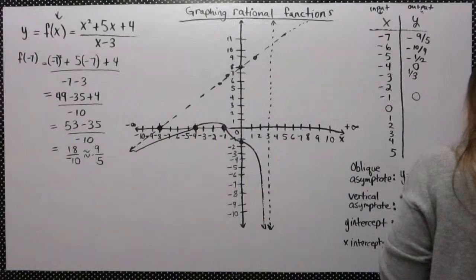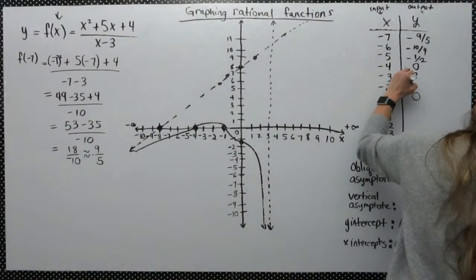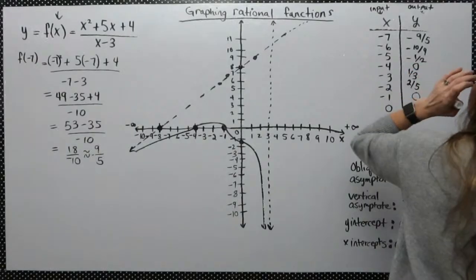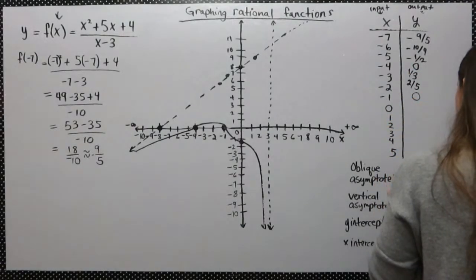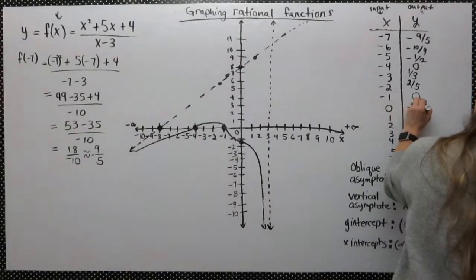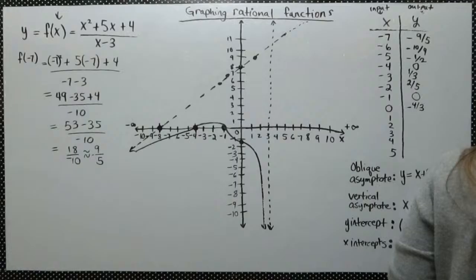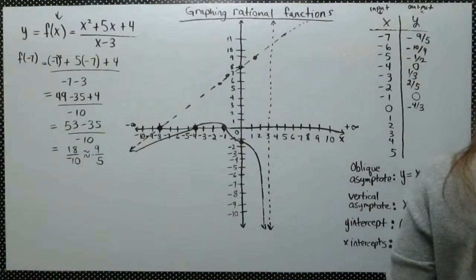In math, that's 2/5. -1 was 0. 0 was -4/3. That was from my asymptote or my intercept here. And then 1 store for x.